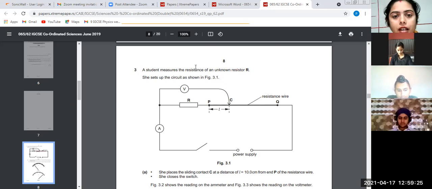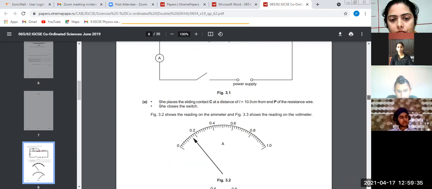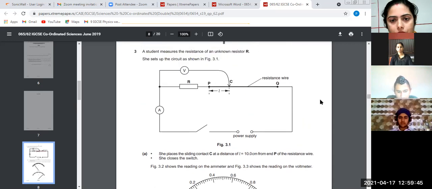Okay, so let's go. A student measures the resistance of an unknown resistor. She sets up the circuit as shown in the figure. So you have the circuit in front of you. She places the sliding contact C at the distance L equal to 10 centimeter from point P and closes the switch.